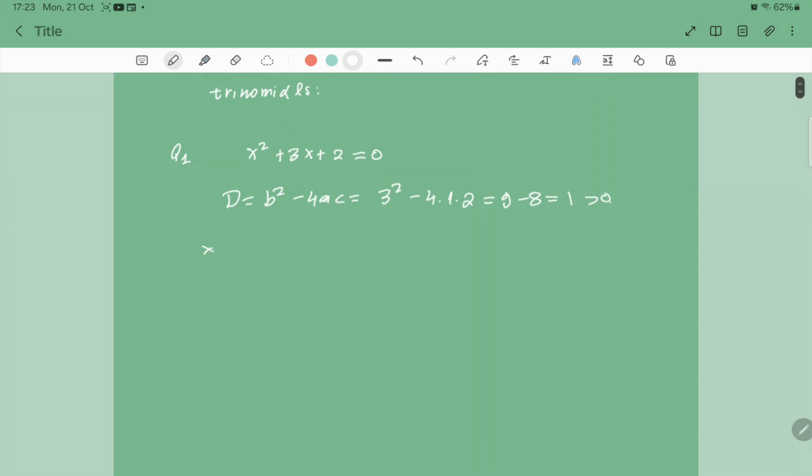So my two roots are x1 equals minus b plus the square root of d divided by 2a, minus 3 plus the square root of 1 divided by 2 times 1. The square root of 1 is 1, the denominator is 2.